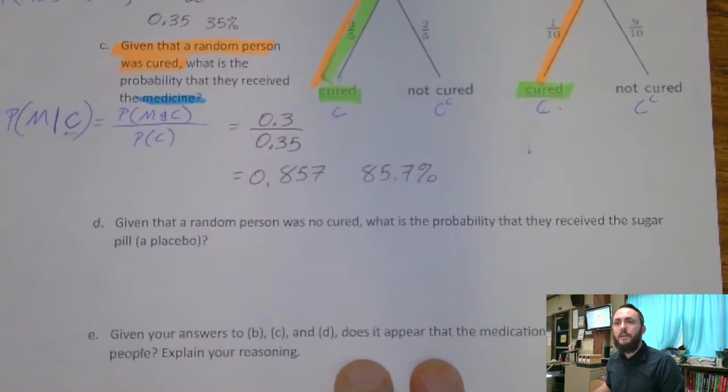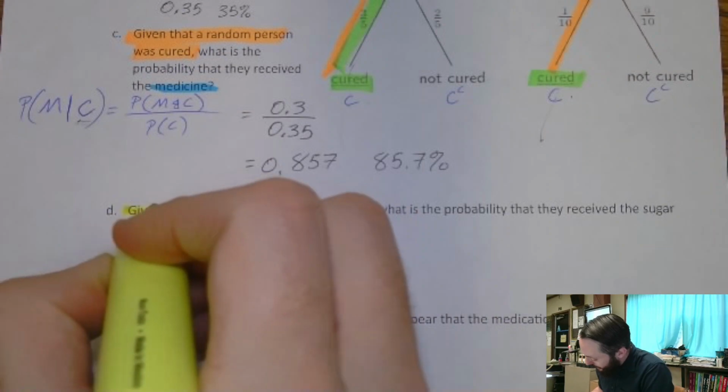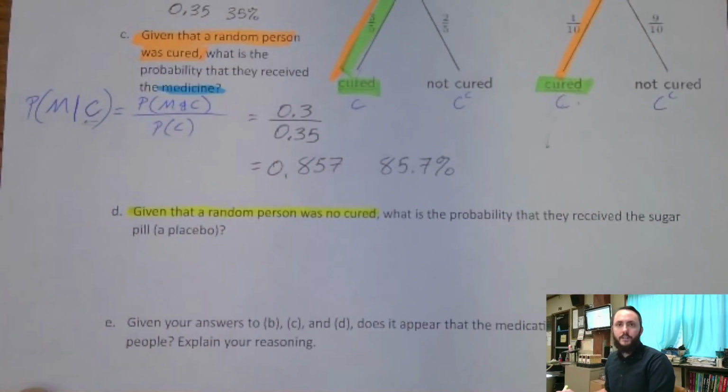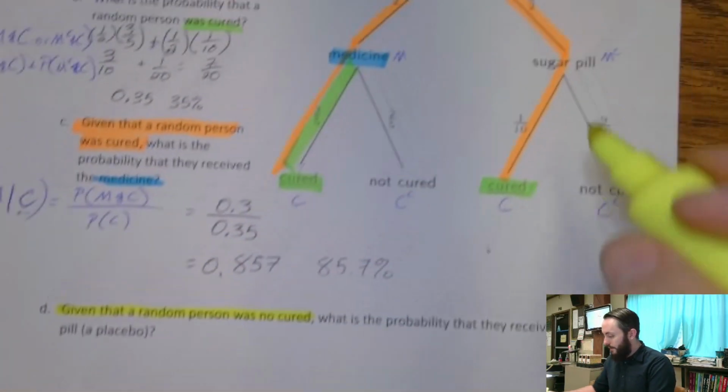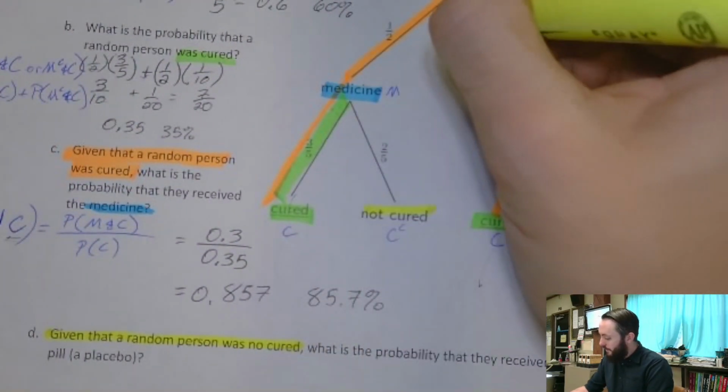Now for D, we're asked effectively the same question, but now we are looking at it from a different given. So we're saying given that they were not cured. Sorry for the no there. So the not cured are all here.